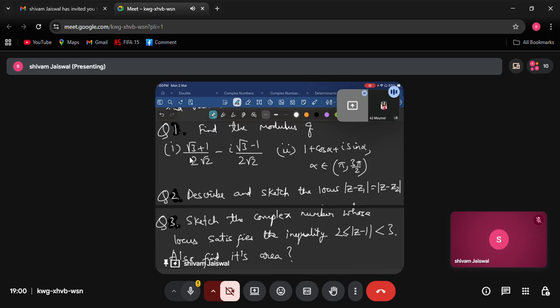Okay, so actually there's a slight mistake in part two. Part one is correct. Sarthak, part one is correct. Check part two. Devang, part one is correct. Yes, now it is correct.